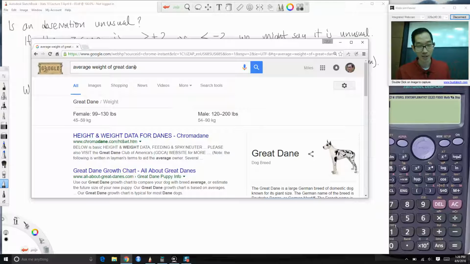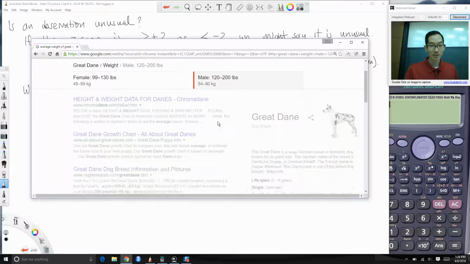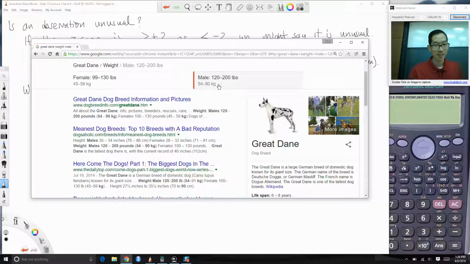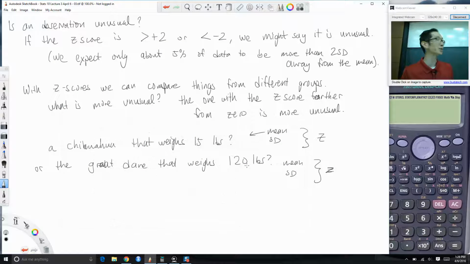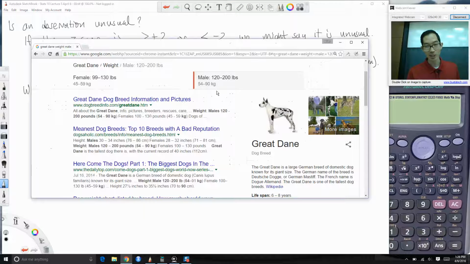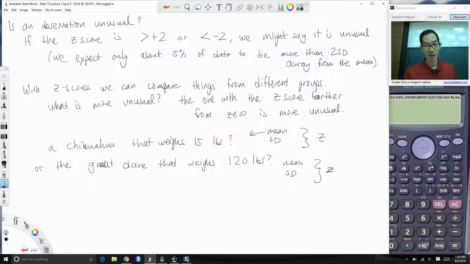If we're looking at male Great Danes, clearly just from the range we're seeing, according to Google, the 15-pound Chihuahua would be highly, highly unusual, whereas the 120-pound Great Dane is quite mundane, quite ordinary. And that would be reflected in the z-scores. Is that okay? All right.